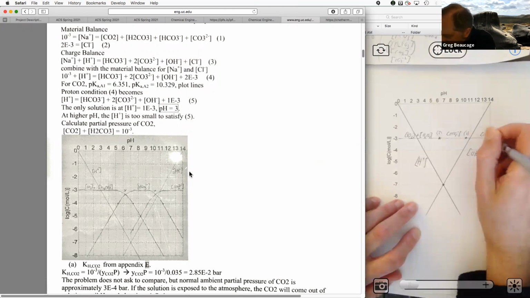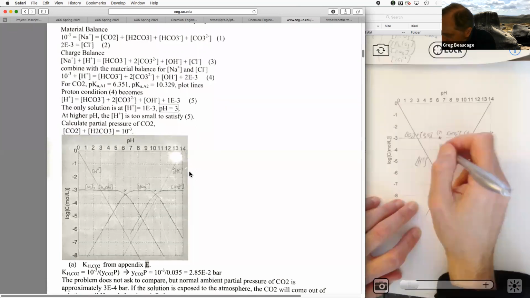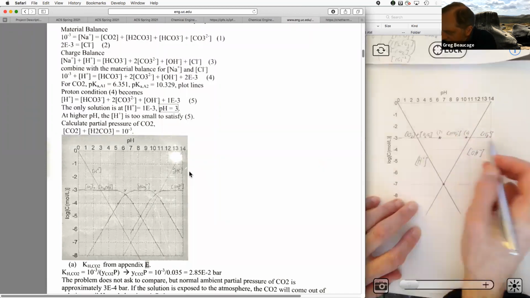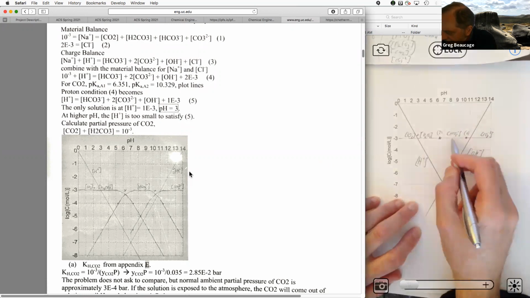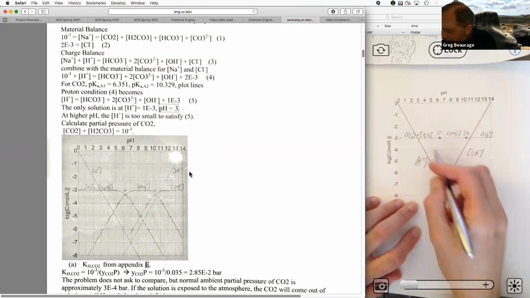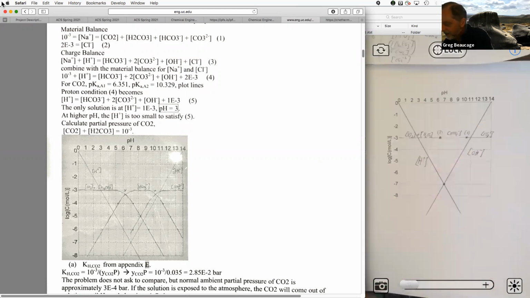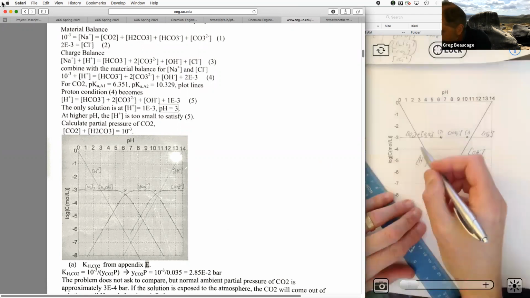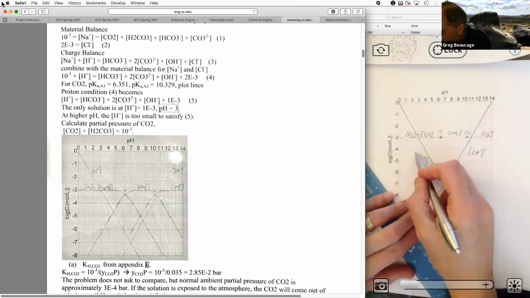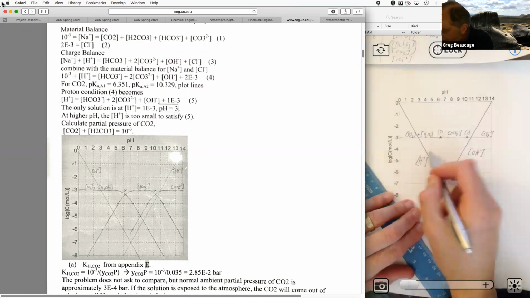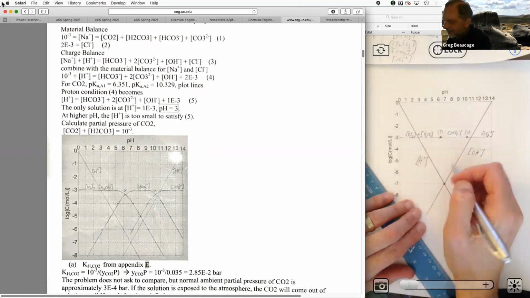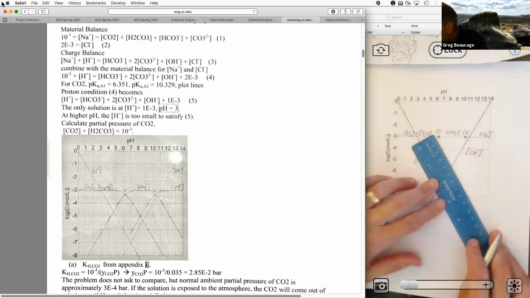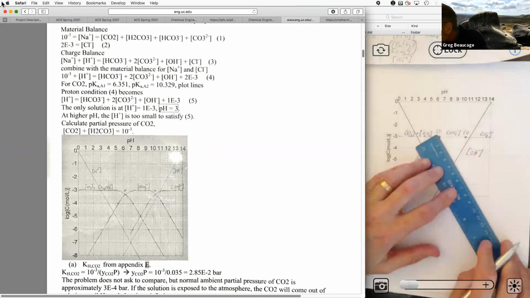Right, so this is HA for that one, and this is the base. The acid is going to follow the H plus line, parallel to it. In other words, it's going to be 1 decade by 1 decade. They're just going to be lines until they get to the other reaction. Once it reaches the other reaction, it becomes 2.